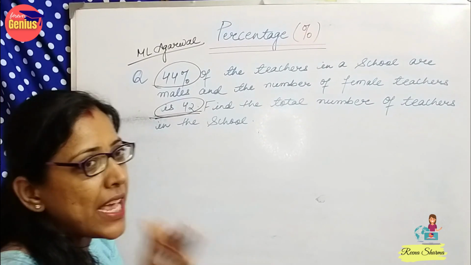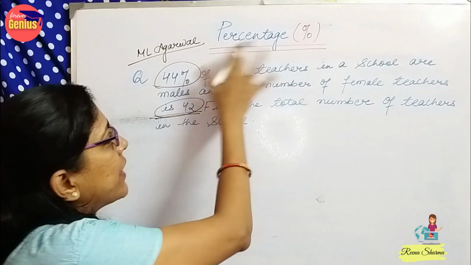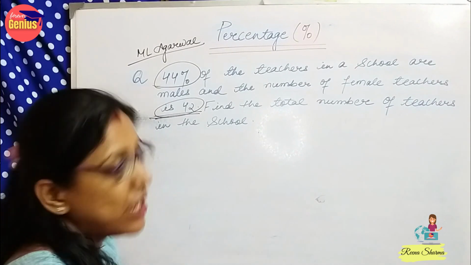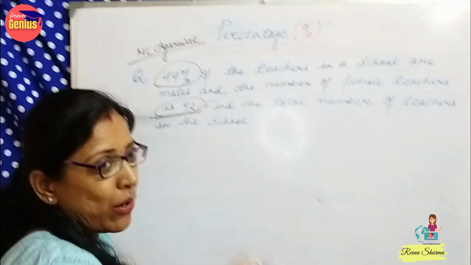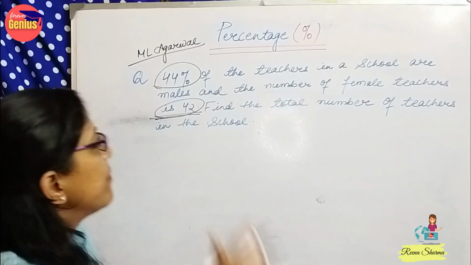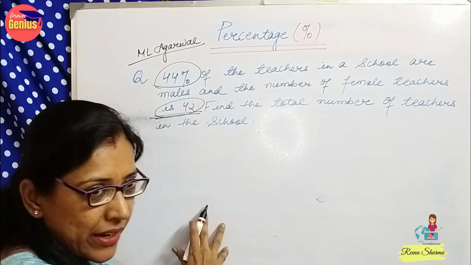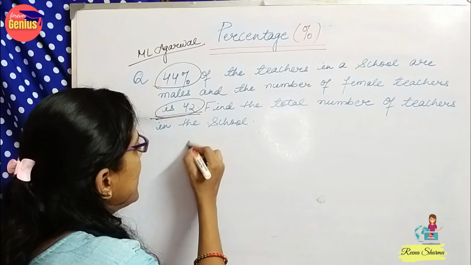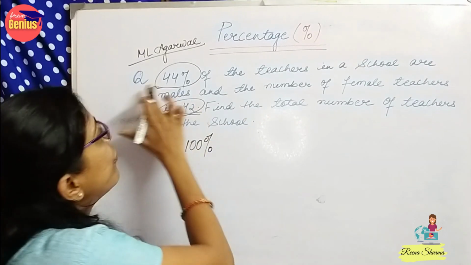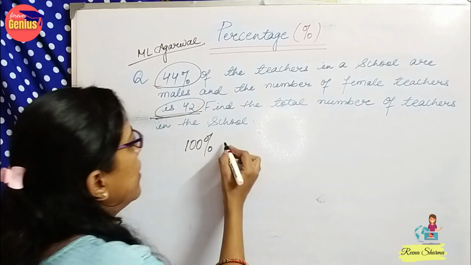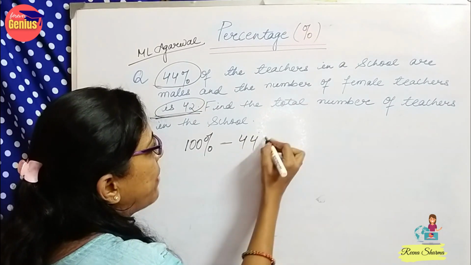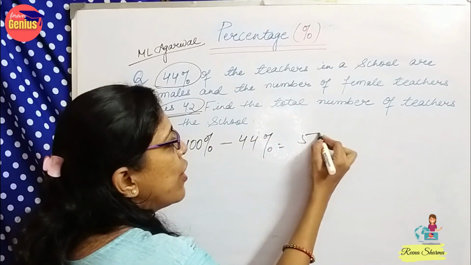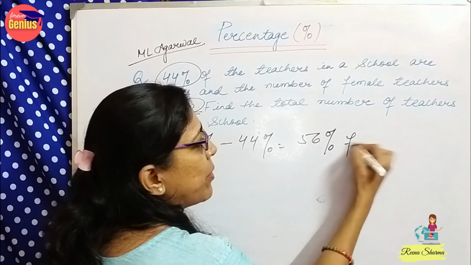The first thing we have to remember is the meaning of the term percentage. Percentage means out of every 100. So what is the total percentage? It is 100%. If I know 44% is male, then 100% minus 44% is equal to 56%, that is females.